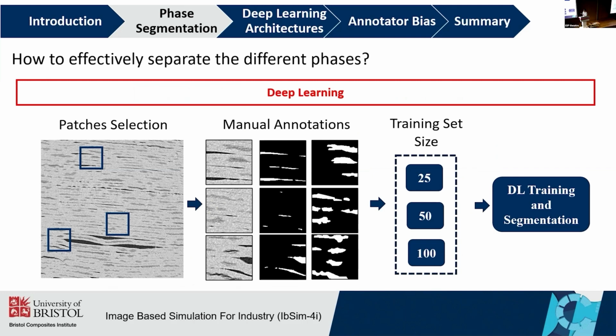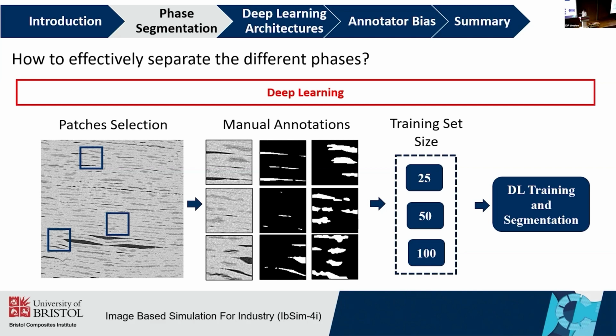The way we ensured that these patches included a wide range of void shapes, void sizes, dry area intensities, etc., was so that it would account for a big variability within the train set, so that they can replicate onto much larger scans. Also, we use patches instead of using the full size tomogram because it's a pretty labor intensive activity. And we actually demonstrated, and there are some papers demonstrating, that this approach is perfectly viable as well.